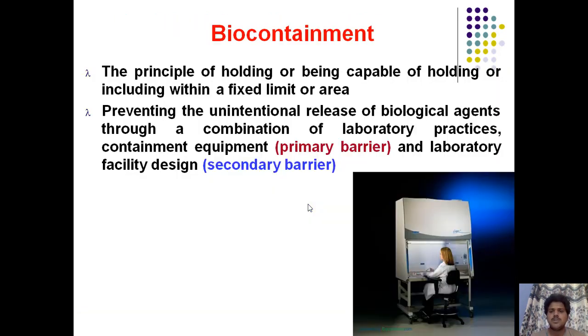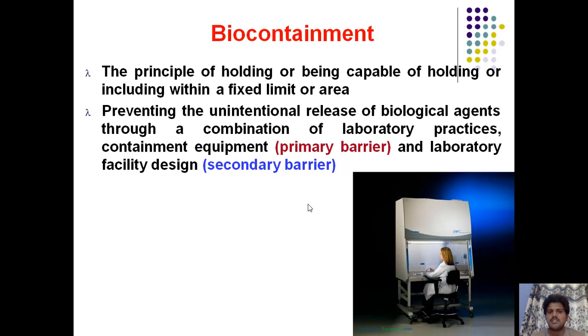Then what is this biocontainment? It is the principle of holding or being capable of holding or including within a fixed limit or an area. So it is confined, preventing the unintentional release of biological agents through a combination of laboratory practices, containment equipment, which is a primary barrier, and also laboratory facility design.